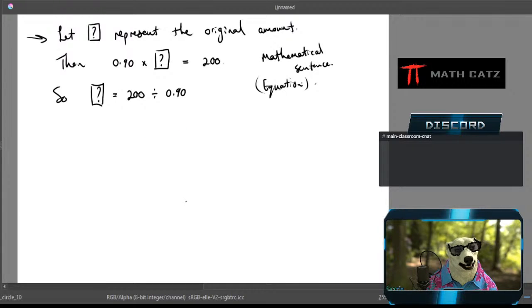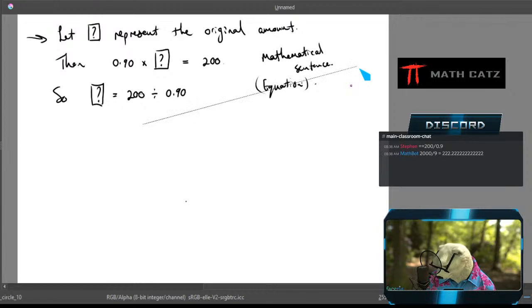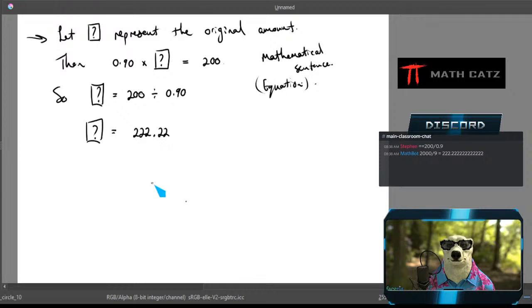Let's do it in the chat to see what it is. 200 divided by 0.9, and we get question mark in a box is 222.22, and we'll round it.